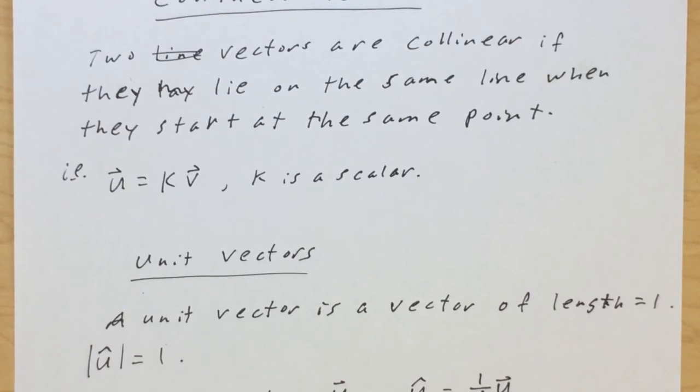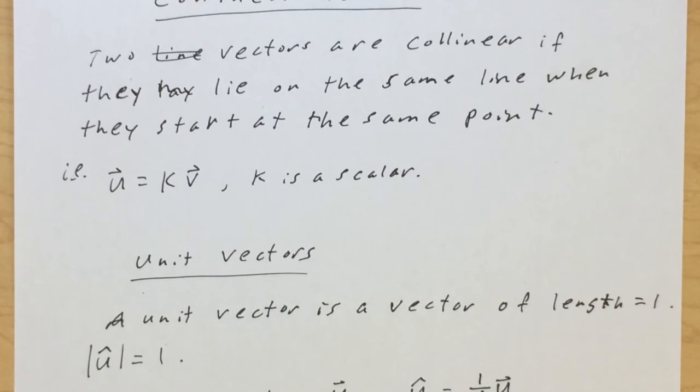Now, if you had a vector of length 3, what would you multiply that vector by to make it length 1? A third. Okay? If the vector had a length of 1/2, what would you multiply it by to make it length 1? Okay?